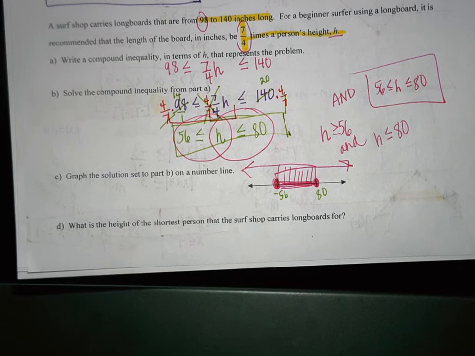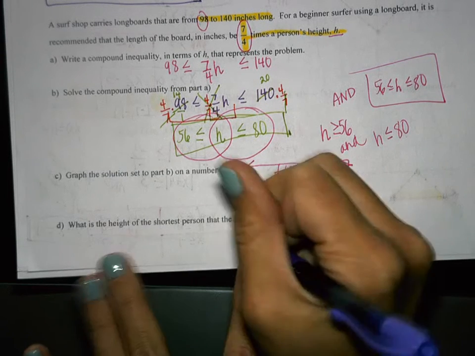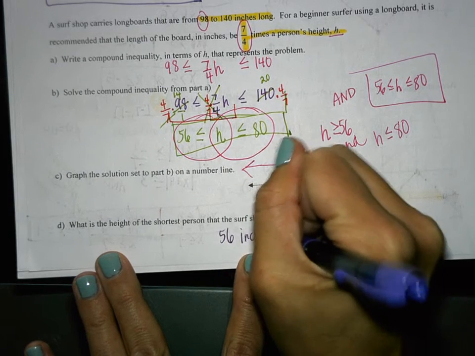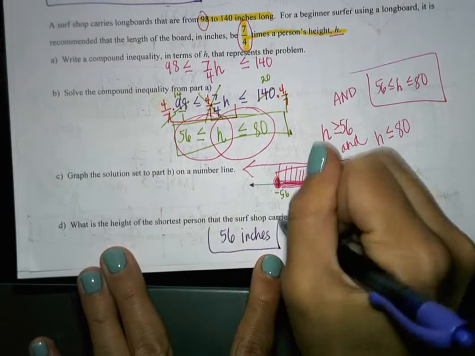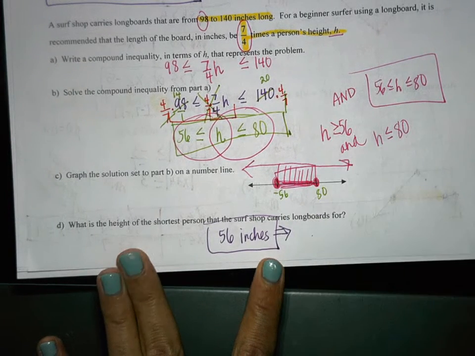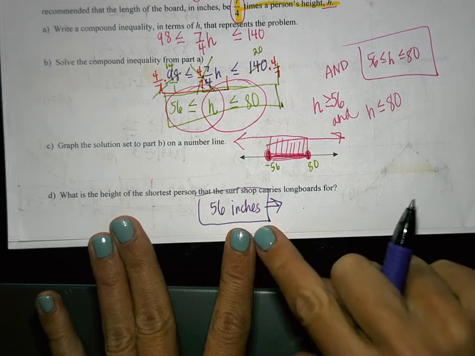Then part D says, what is the height of the shortest person that the surf shop carries a longboard for? The shortest person is your smallest number here, so in this case, the shortest person is 56 inches. This is an acceptable answer, but if you wanted to change that into feet, how many inches are in a foot?